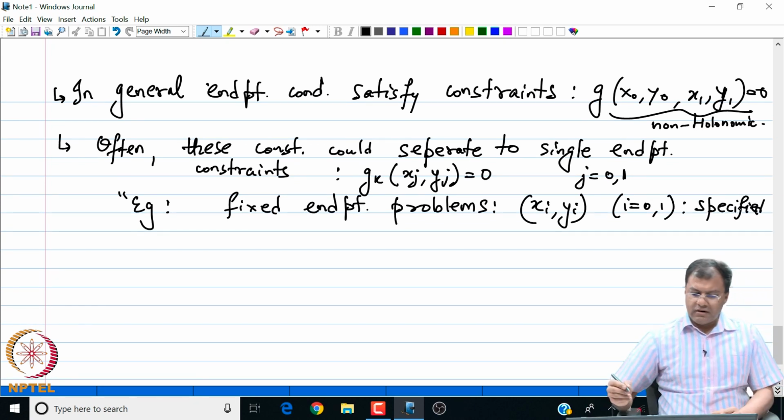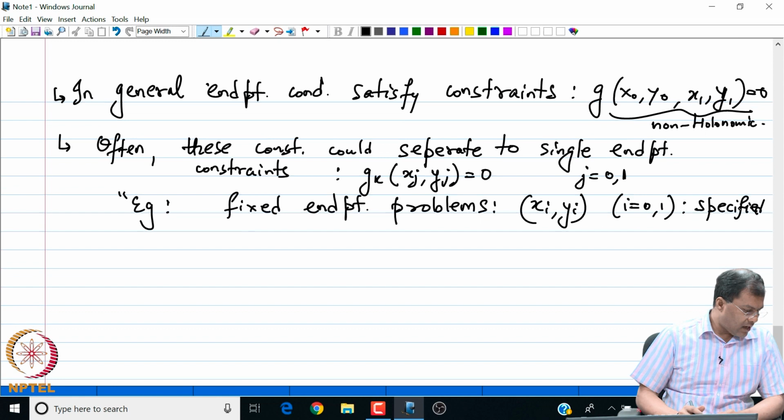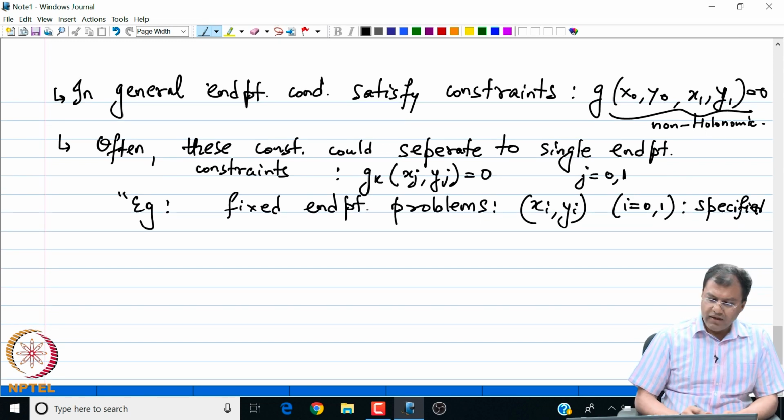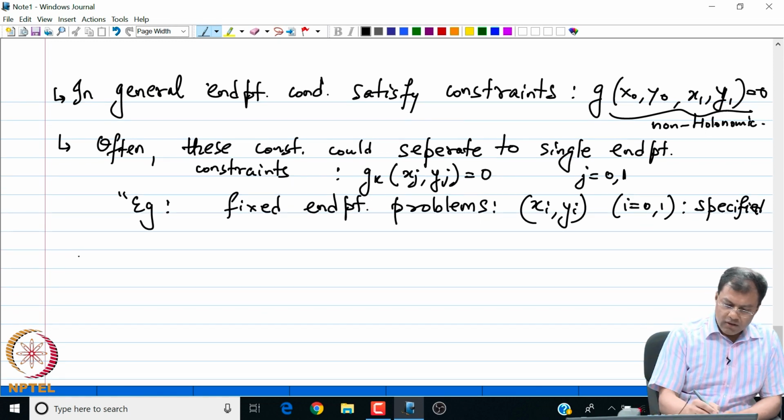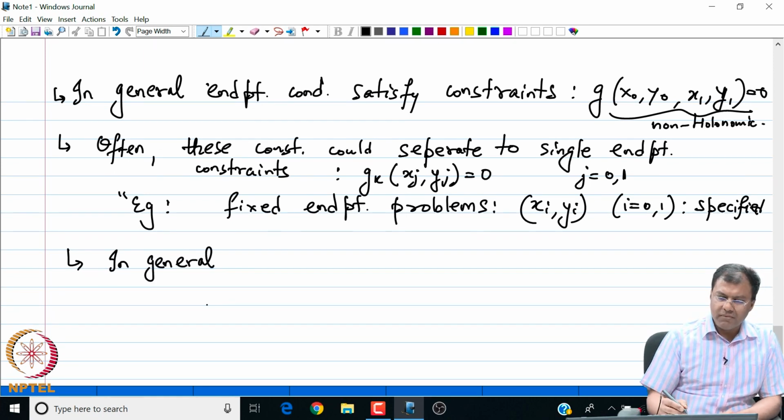The fixed endpoint problems, x_i, y_i's are specified. Okay. So, if the endpoint variations of x naught, y naught are not linked to the endpoint variations of x1, y1, so in general, these are the different cases I am trying to highlight. We will look at examples for each of these cases.